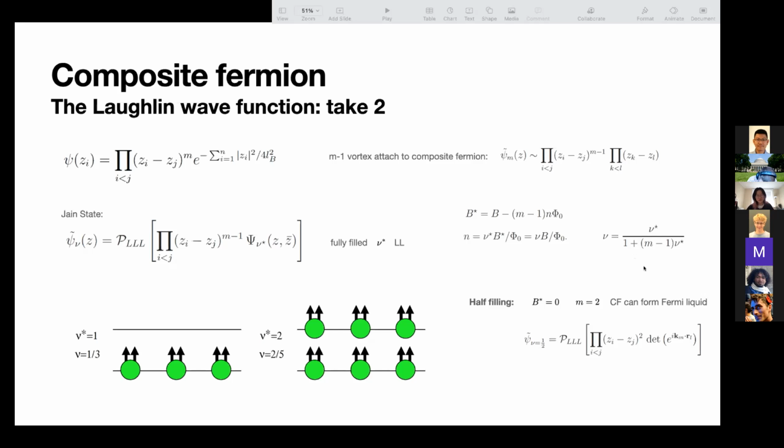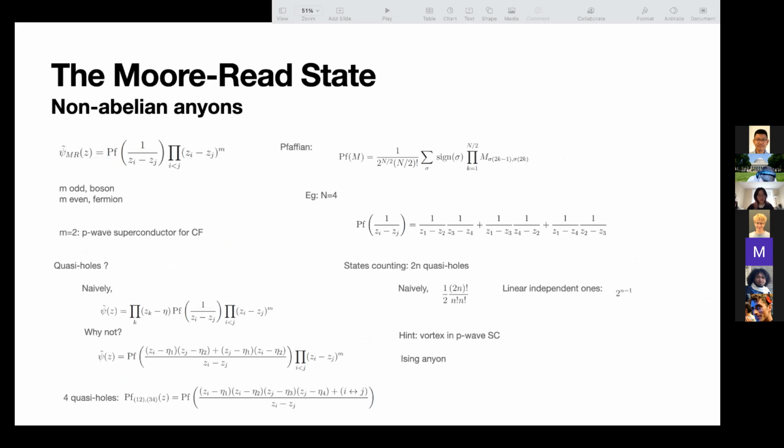So in the spirit of guessing ground state wave functions, we can try to do more than a Laughlin wave function. So yeah, Moore and Read proposed this kind of states.